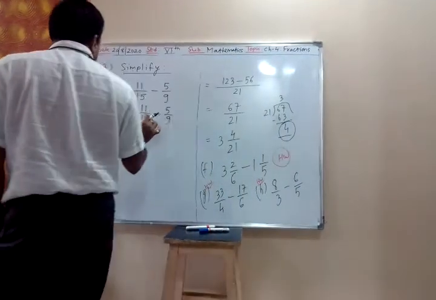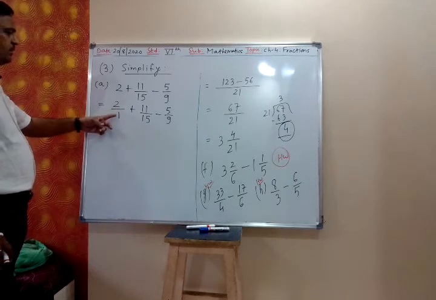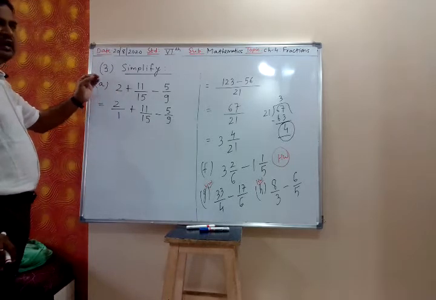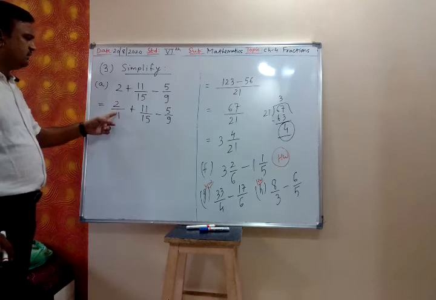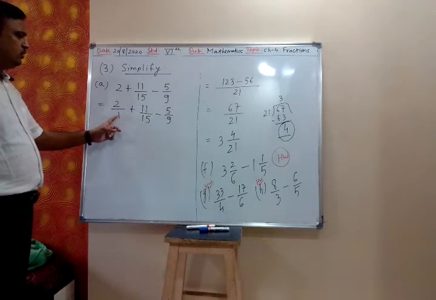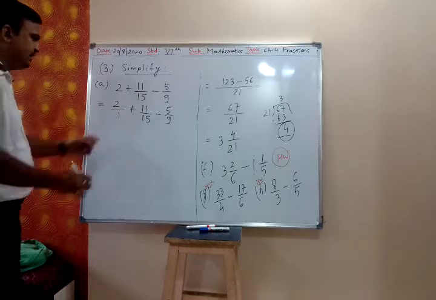Minus 5 upon 9. We have written 2 upon 1 plus 11 upon 15 minus 5 upon 9. Now to convert them into like fractions, I will take the LCM of the denominators 1, 15 and 9.